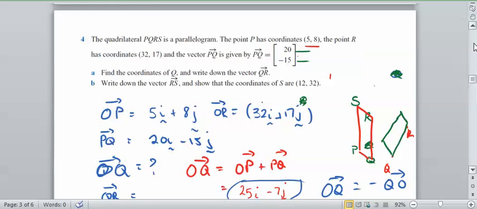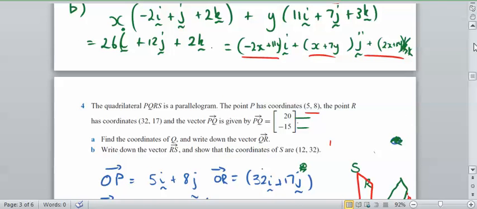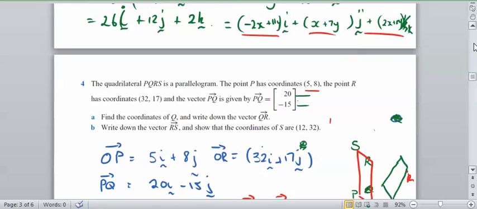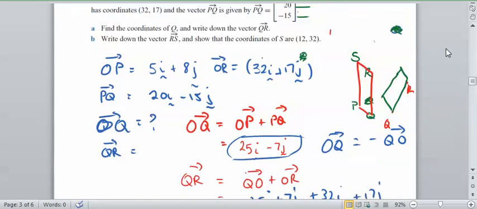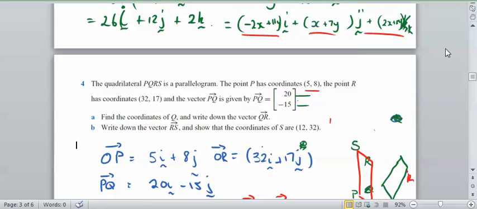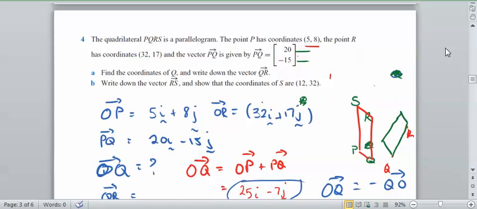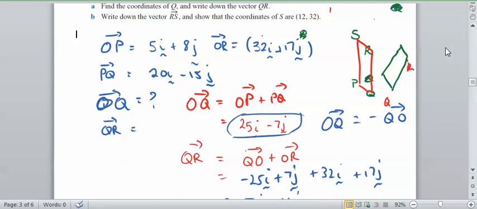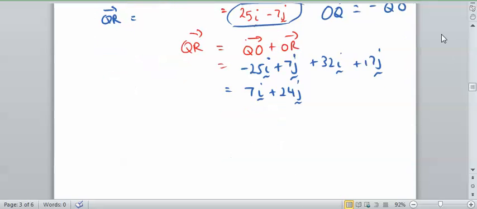Part B was saying write down the vector RS and show that the coordinates of S are this. So where is S? Does it say? Oh, okay. Write down the vector RS. What's the question telling us?